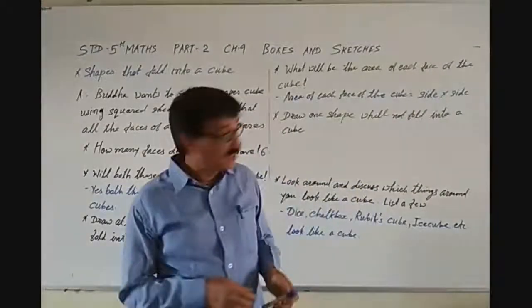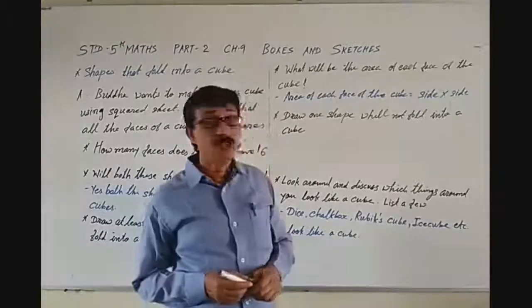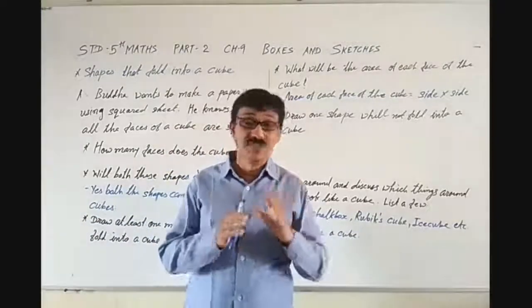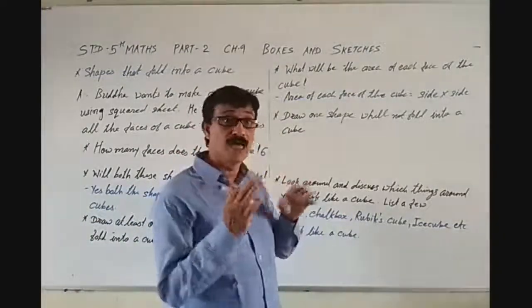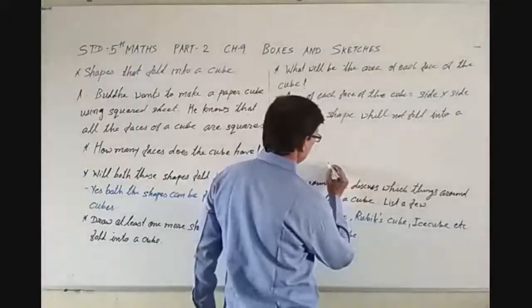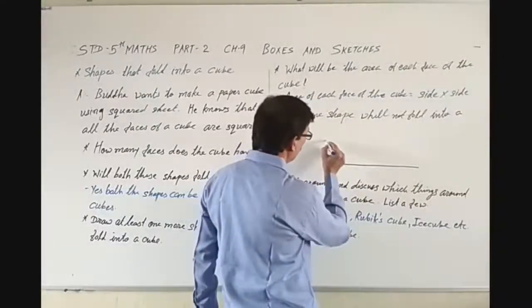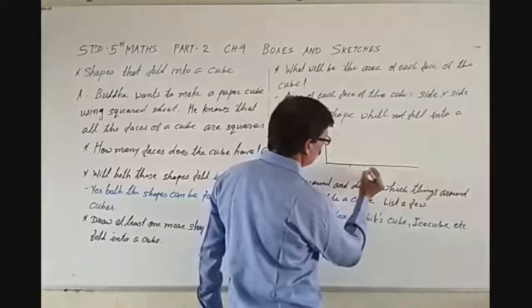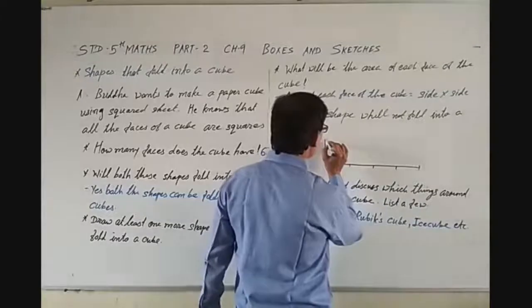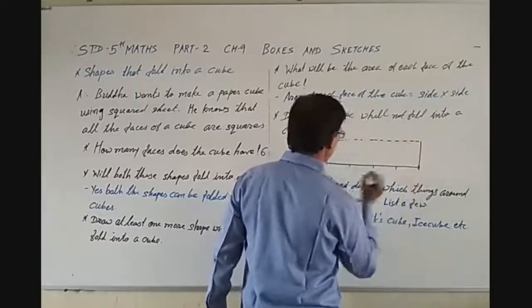Then after, there is one more question. Draw one shape which will not fold into a cube. Draw one shape from which we cannot make or fold a cube. Let's try to draw. Suppose this is the baseline. Now 1, 2, 3 and 4. So let me draw this one up to here.